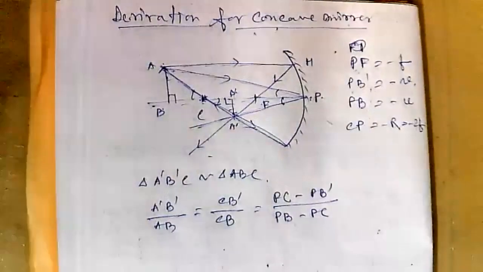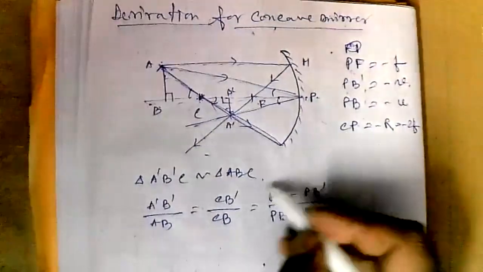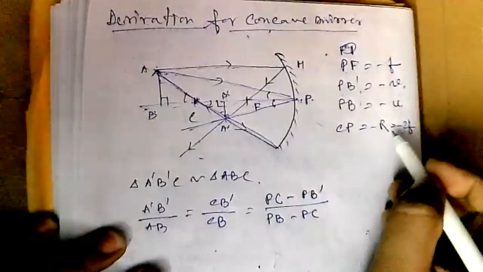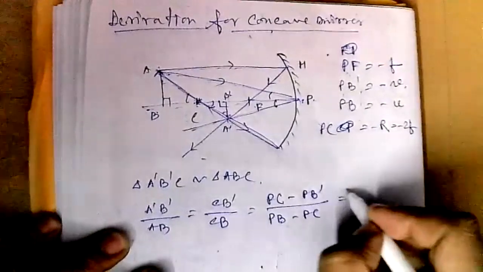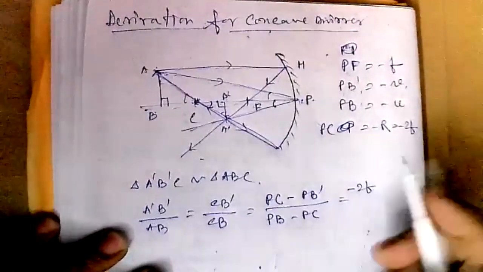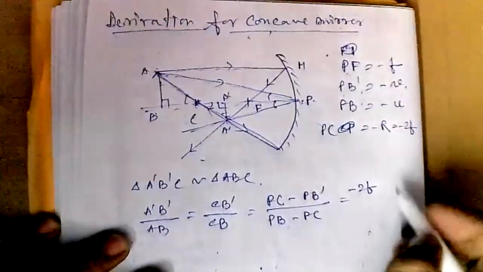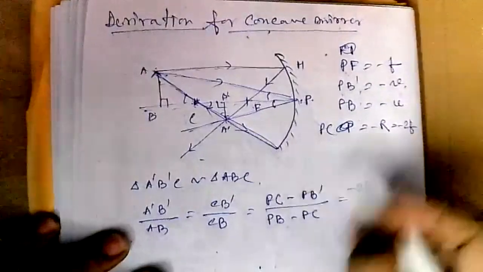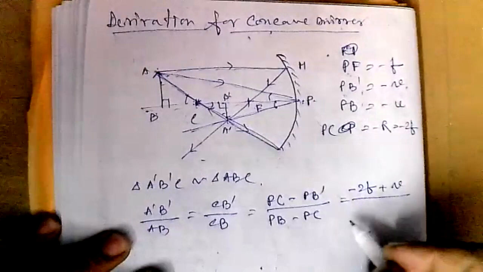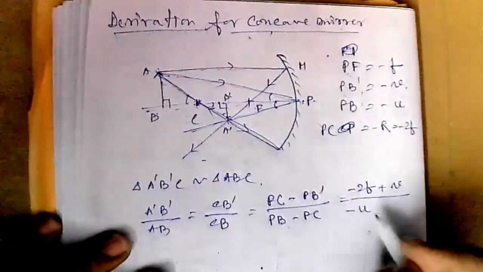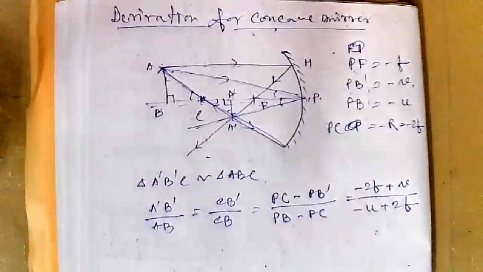Is it clear? Now use the values. What is PC? PC equals minus twice F. PB dash is minus, that means plus V. PB is minus U. And PC is minus twice F.